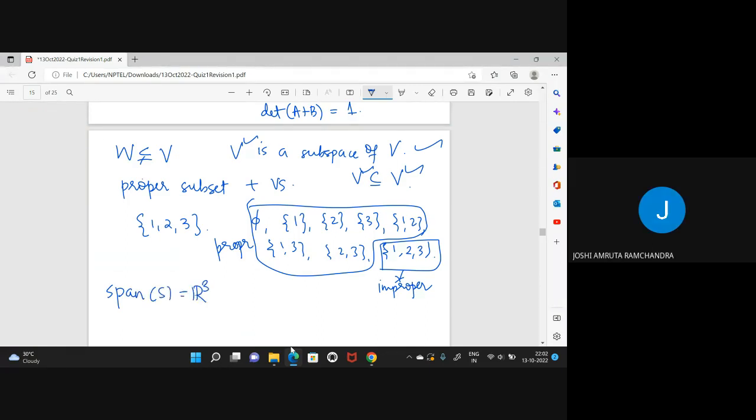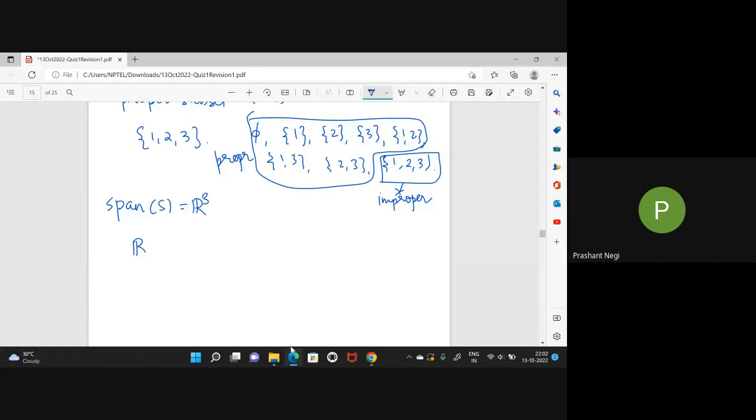No, madam, I do not understand. What are the subspaces of R3? The zero vector with three components, lines passing through the origin, planes passing through the origin, and R3, right? Yes. Is R3 a proper subspace of R3?